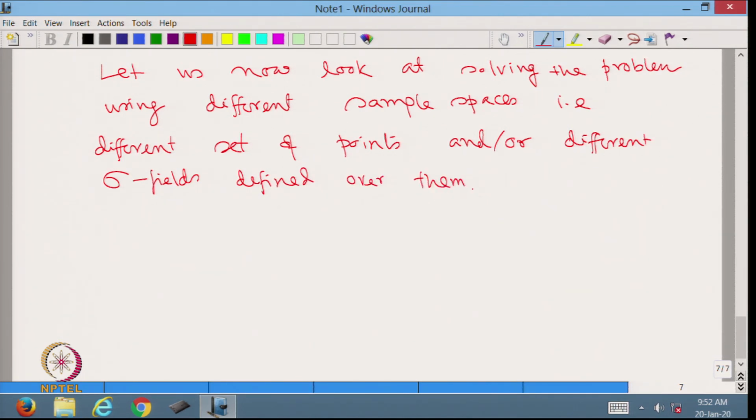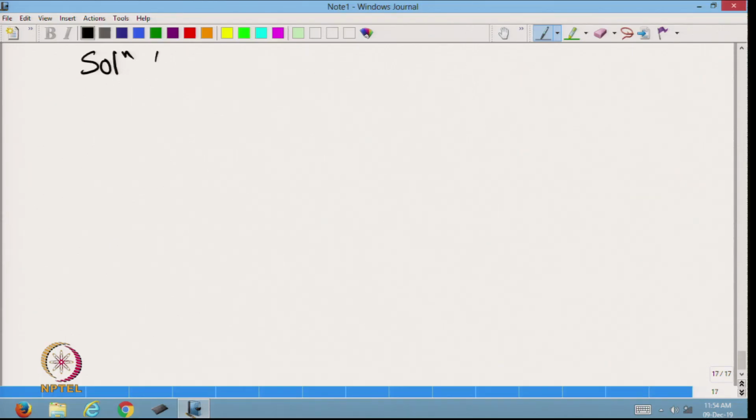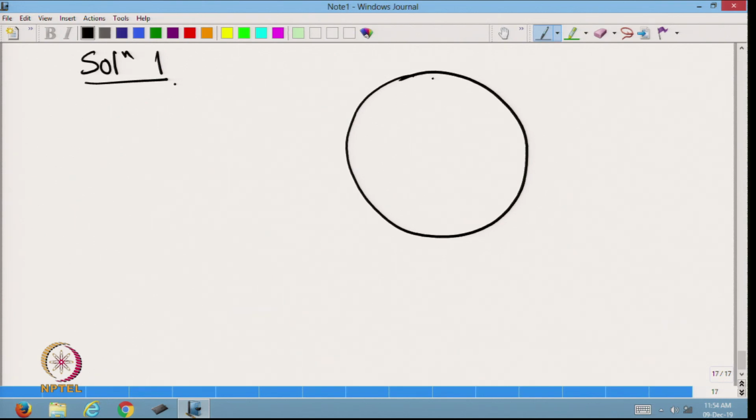So, here is solution 1. So, we have this circle, we have this equilateral triangle, let this triangle be ABC, and we are drawing a chord.